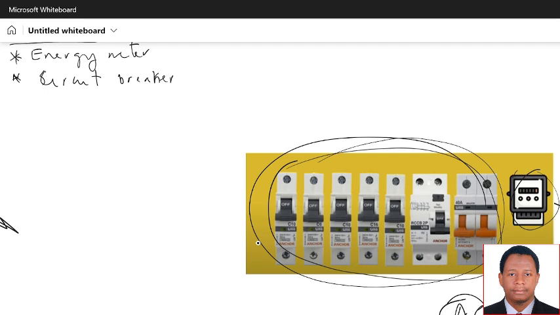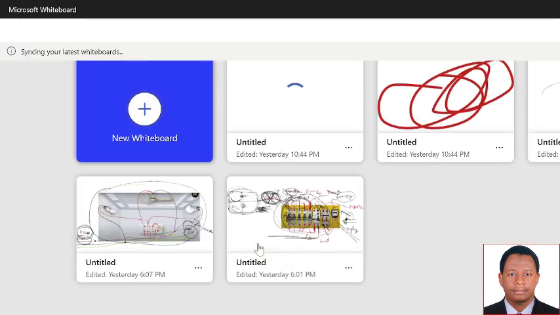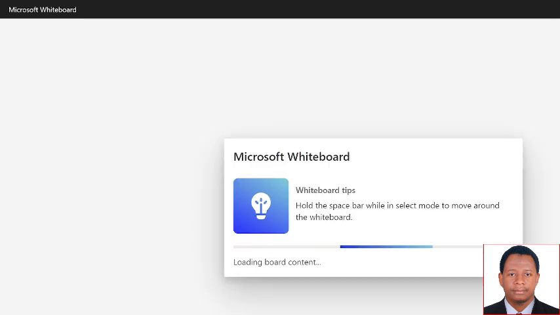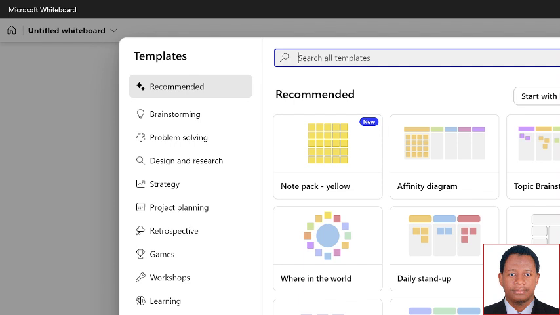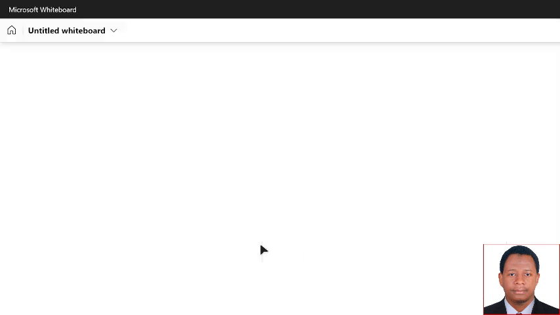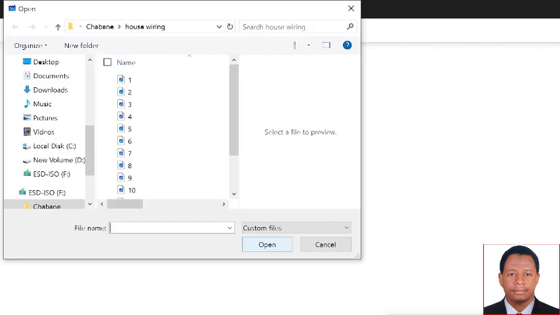So now we are going to see an example of house wiring. In this example, we're going to see house wiring with around three rooms.